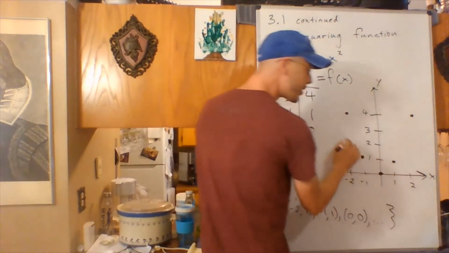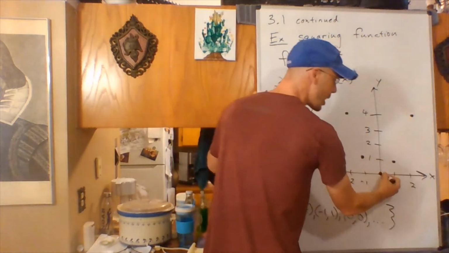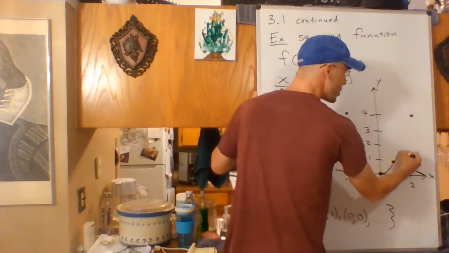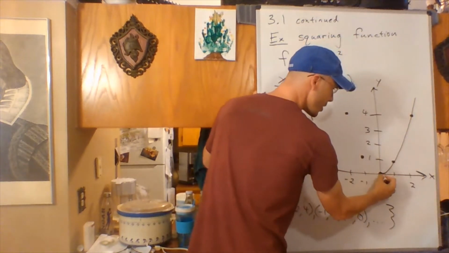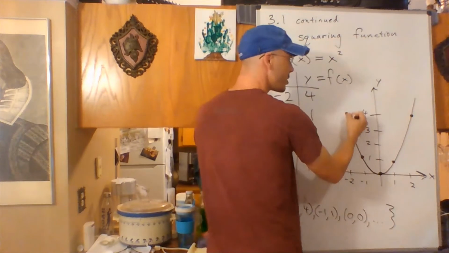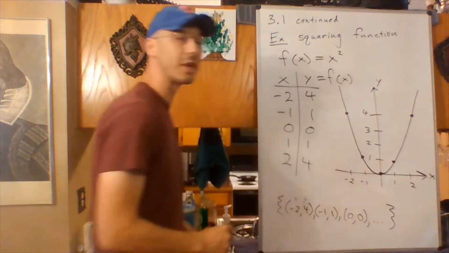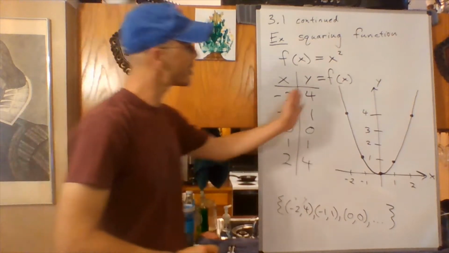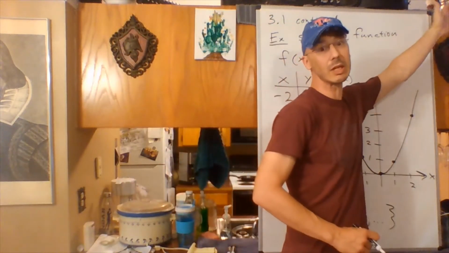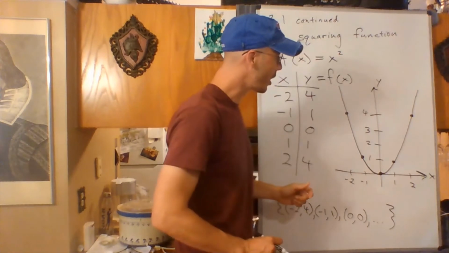And if you follow along with those steps, you'll have a good start for building graphs from sets of points. Now, to fill this in, I'm not just going to do lines. I know this function curves as it gets down toward the origin. And it kind of straightens out as it goes. The curve keeps going. We can't draw this whole thing because it really keeps going.